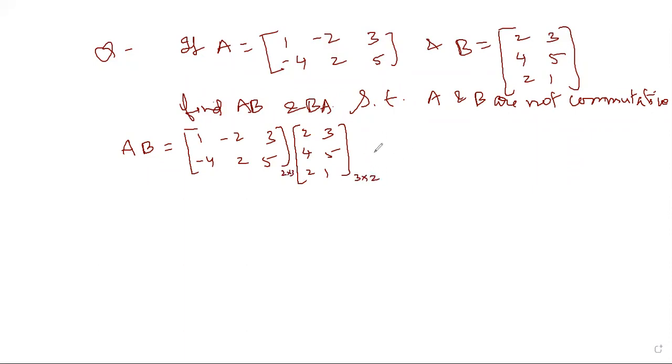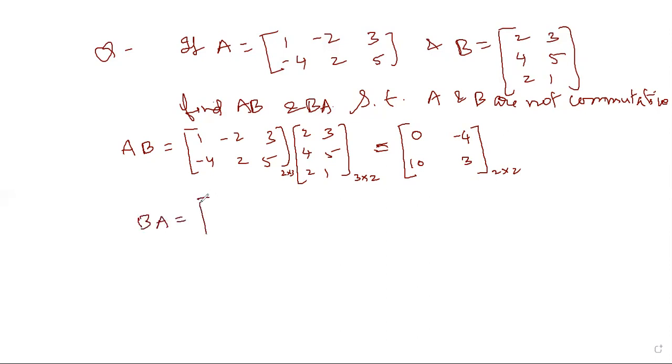So you will get a matrix of 2 by 2. Can I write the answer directly? You can do the multiplication. The answer will be 0 minus 4, 10 and 3. You can check the answer.